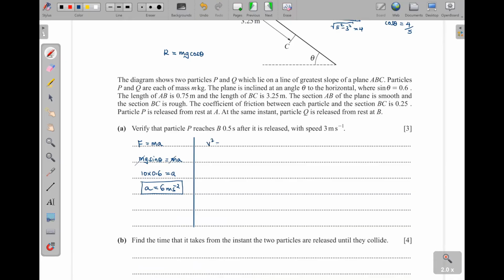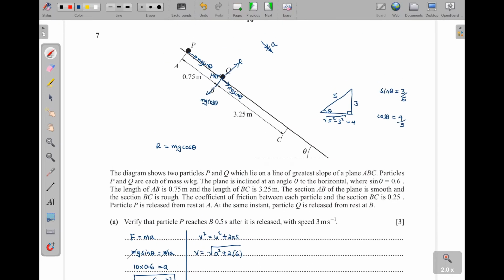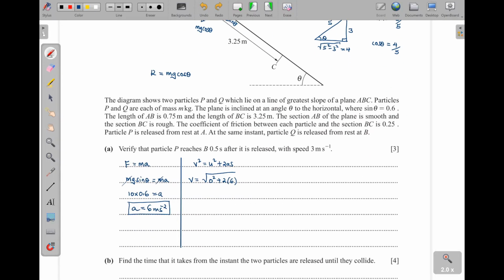Using v squared equals u squared plus 2as, the speed with which it will reach B is 0 squared plus 2 times the acceleration, which we have gotten as 6, and then the distance, given here as 0.75.